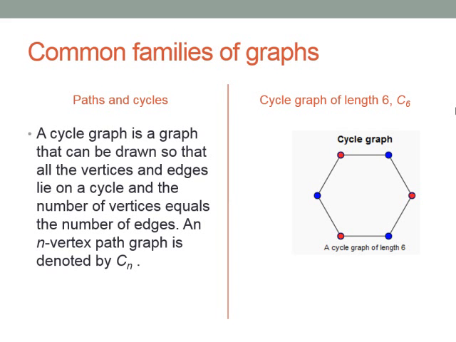Which makes sense, because if we take the path graph and add one more edge, connecting the last vertex to the first vertex, we generate a cycle. So in the right-hand column, as you see, is a cycle of length 6 with 6 vertices, denoted by C sub 6.